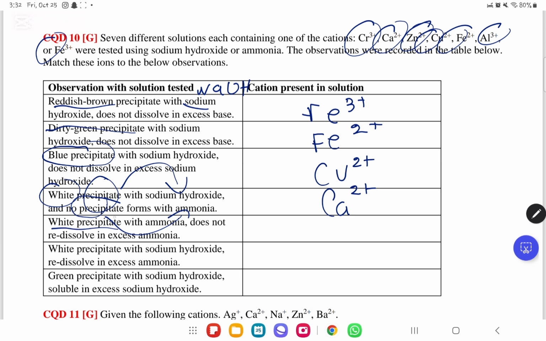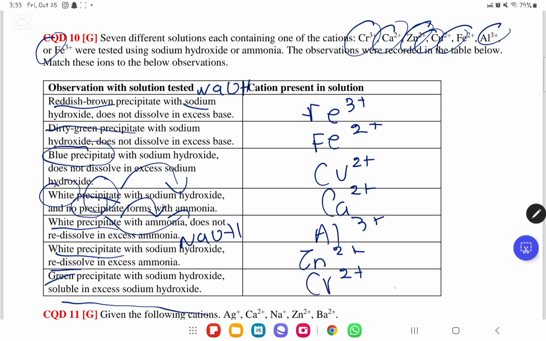If it forms a white precipitate with ammonia and does not redissolve in excess ammonia, this is Al3+. If it also forms a white precipitate but redissolves in excess ammonia, this is Zn2+. And finally, a green precipitate that dissolves in excess sodium hydroxide is Cr3+.